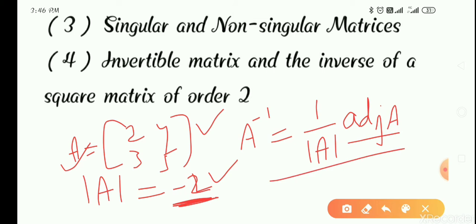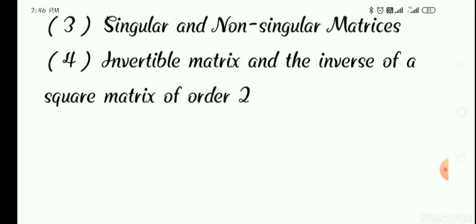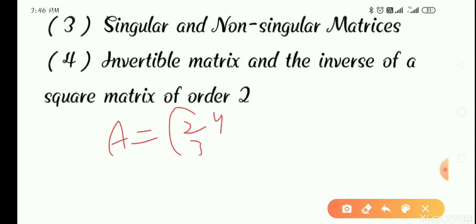I was telling you about adjoint A. You see here, A equals, just before I took, 2, 3, 4, 5. So adjoint A, how can you find? It is the method for a square matrix of order 2 only.